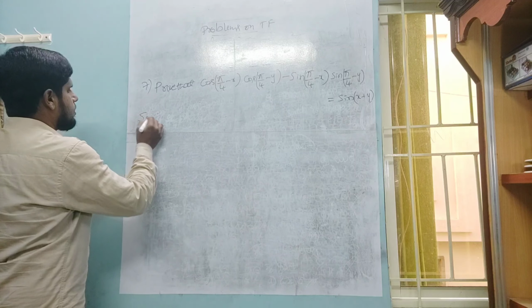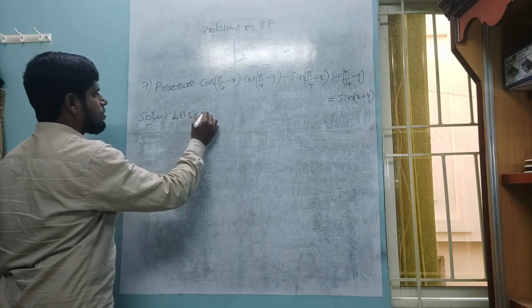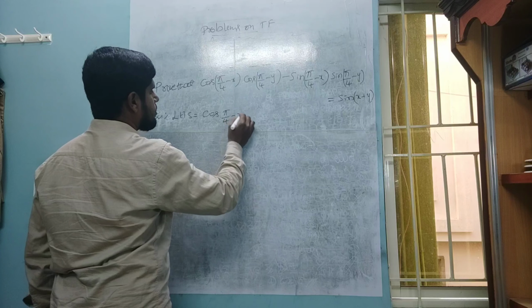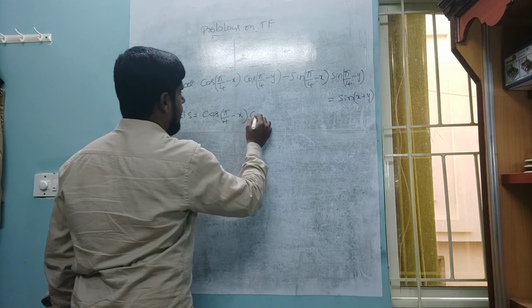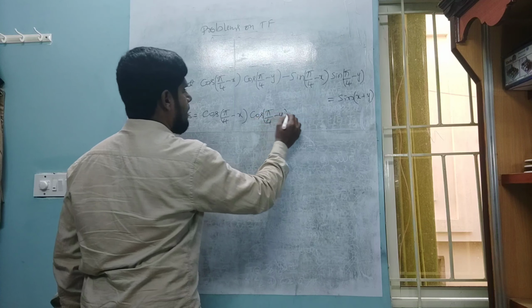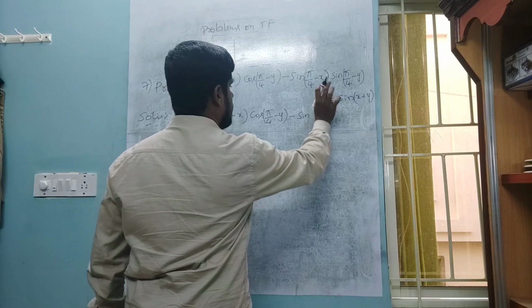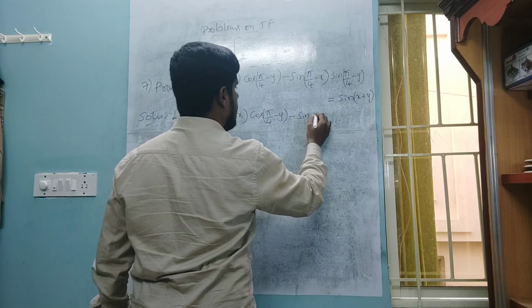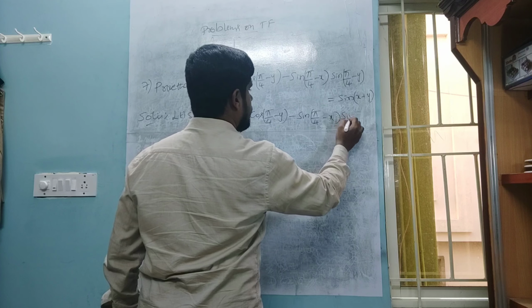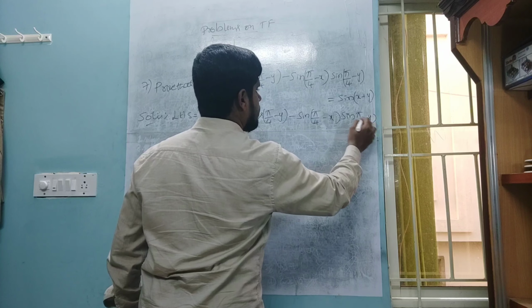So let us take LHS. LHS is equal to cos pi by 4 minus x, cos pi by 4 minus y, minus sin pi by 4 minus x into sin pi by 4 minus y.